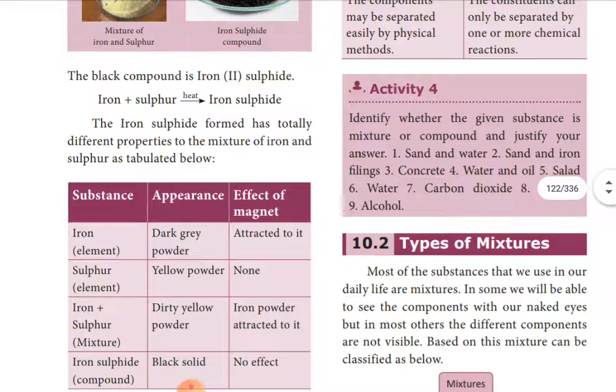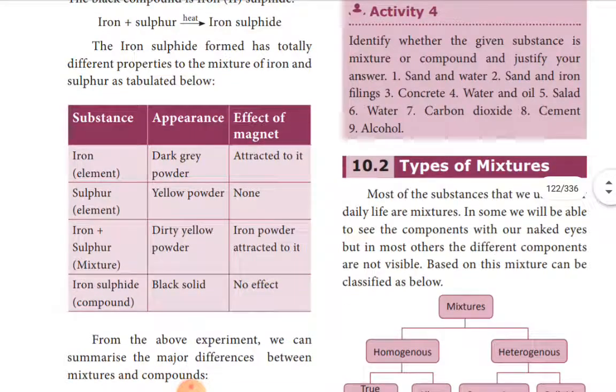Then see, it is given some descriptions about iron and sulfur powder. Iron is an element, a metal, a dark gray color powder, which is attracted by the magnet. Sulfur is a non-metal, an element, a yellow color powder, and there is no attraction with the magnet.